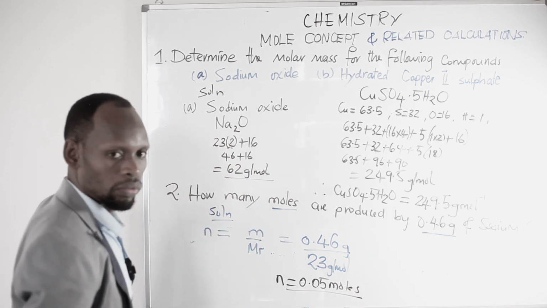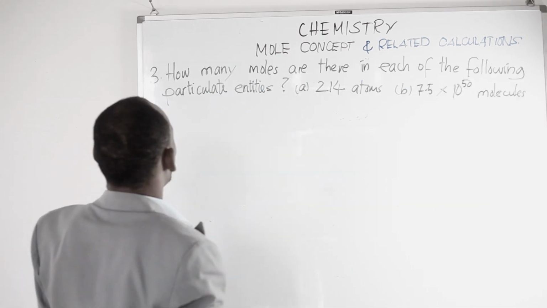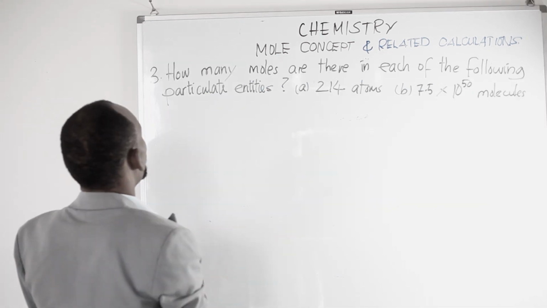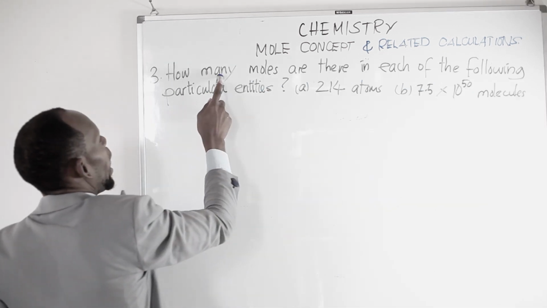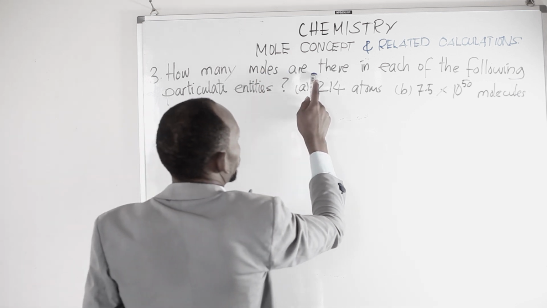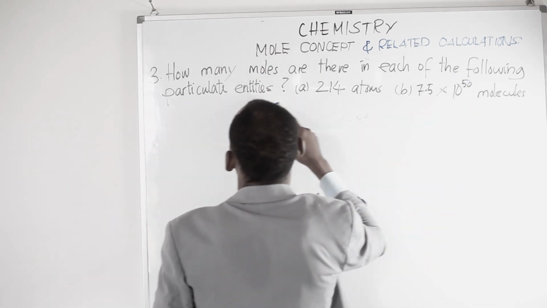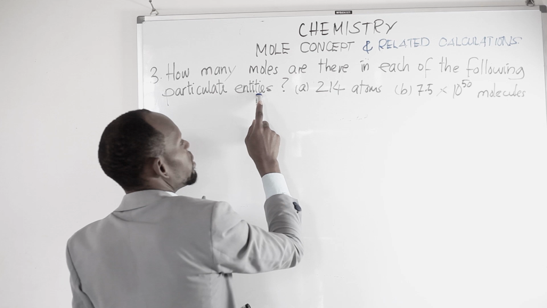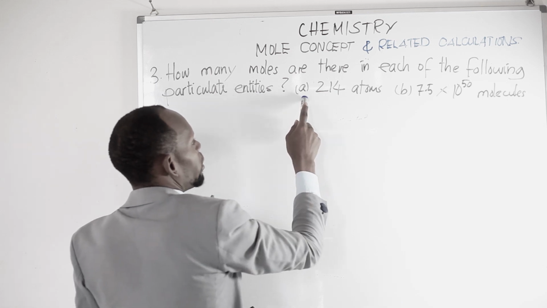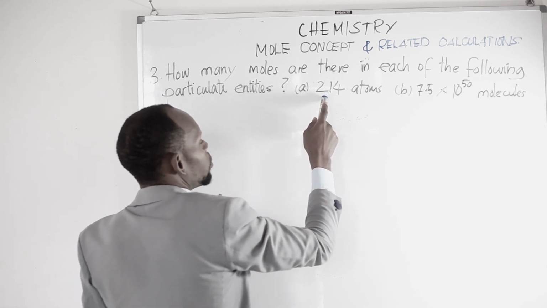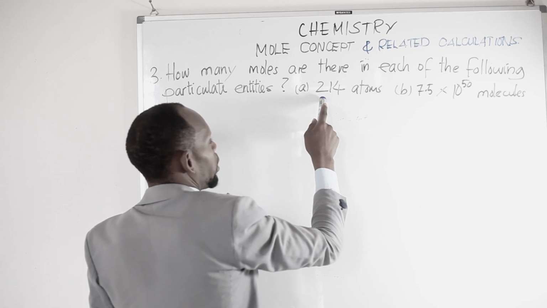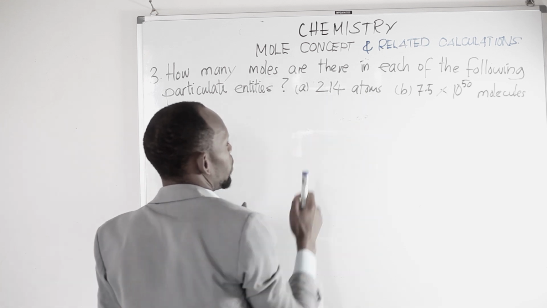Let's go to question number 3. Let us proceed here. This is question number 3. How many moles are there in each of the following particulate entities? A, you are given 214 atoms.